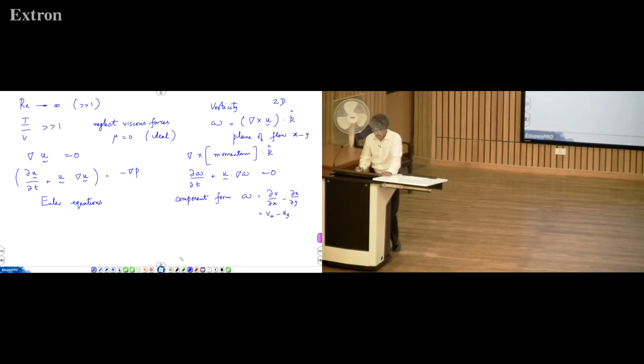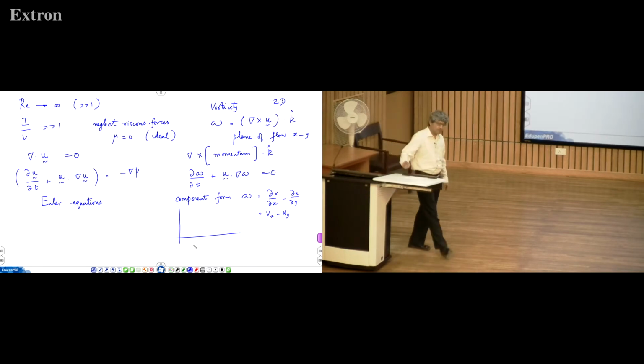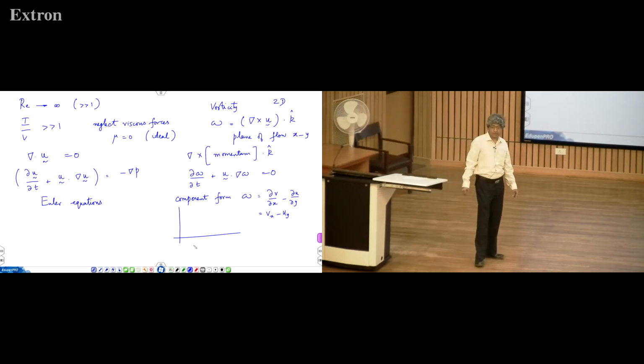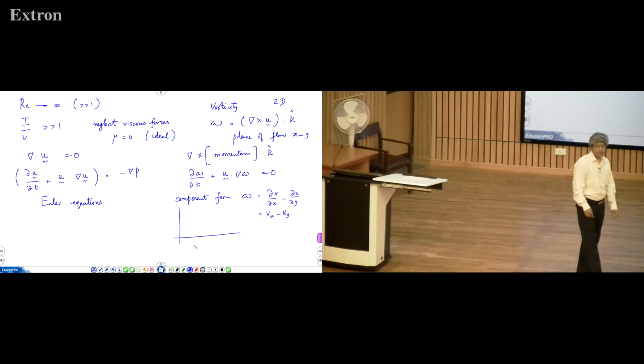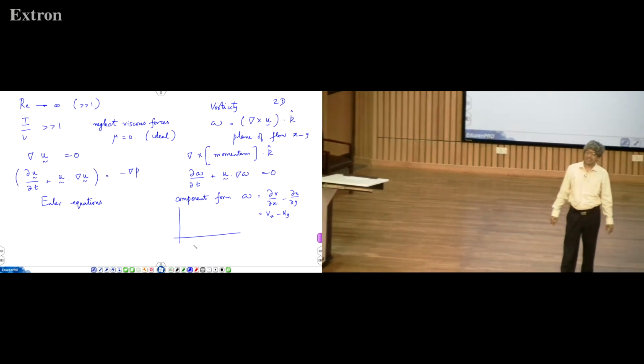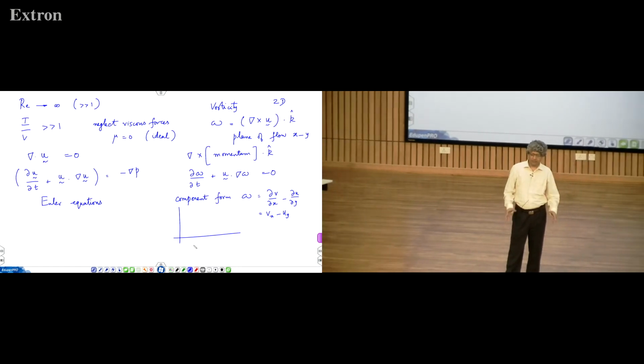What does it symbolize? It symbolizes, just going back to the deformation of a fluid element. Why deformation? Because if you remember, V x plus u y was the deformational strain rate of the element.